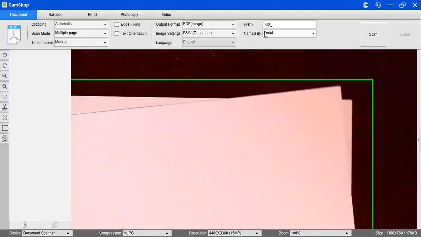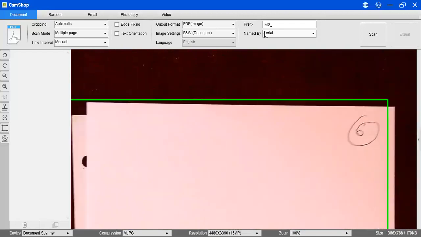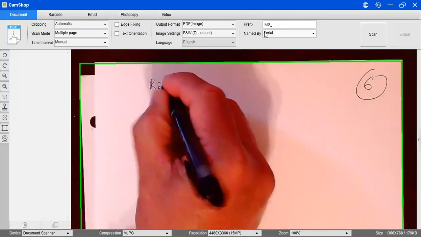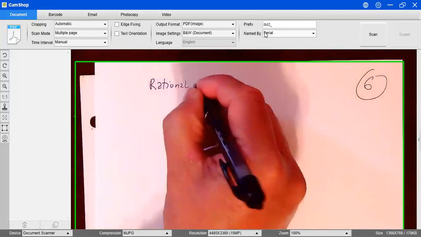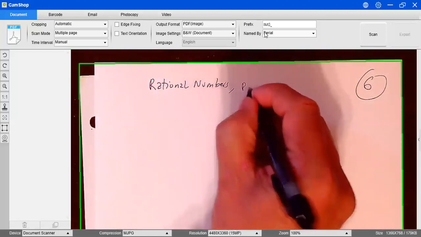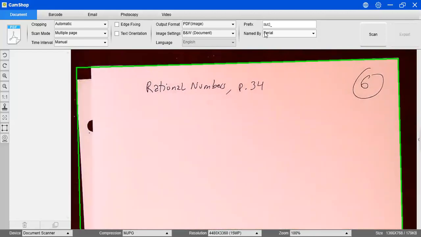So we're going to talk about another set of numbers. I'm going to copy directly from your book. This is the set of rational numbers, and this is described on page 34.